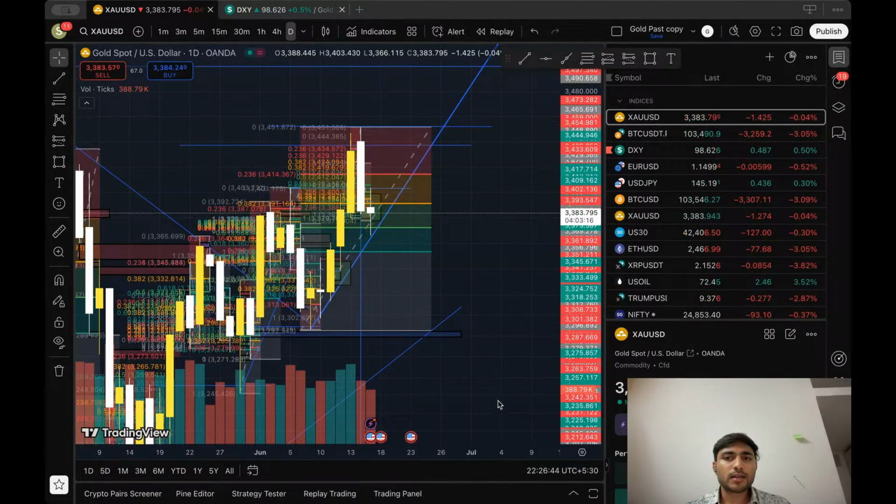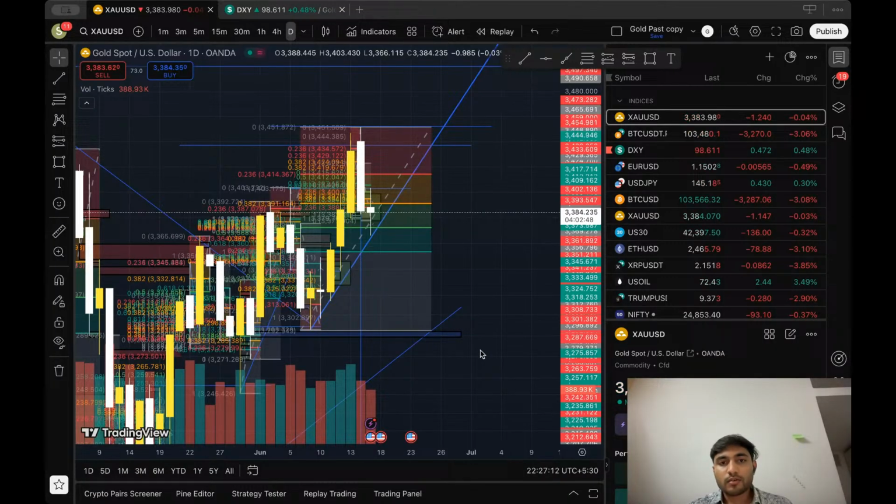We know it has been an uptrend, but that does suggest gold should go downtrend. Here is a scenario I'm telling you. When DXY is bullish and gold is also bullish, I've talked about this before, the market consolidates.